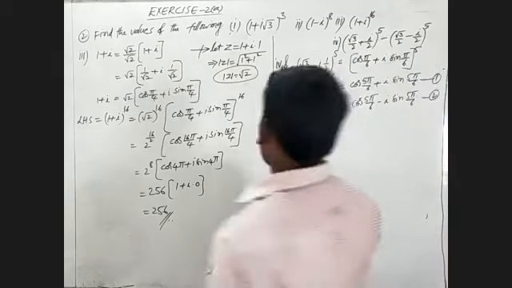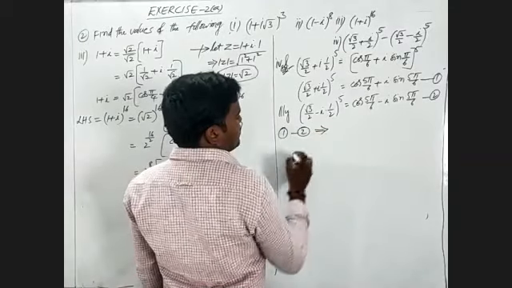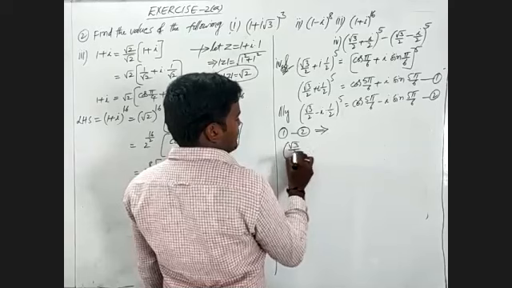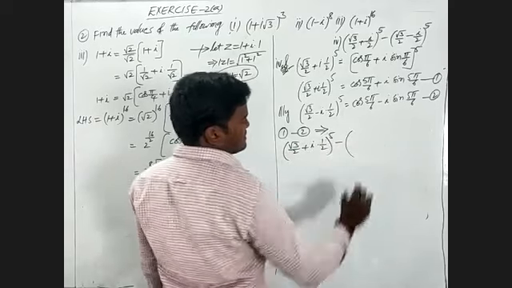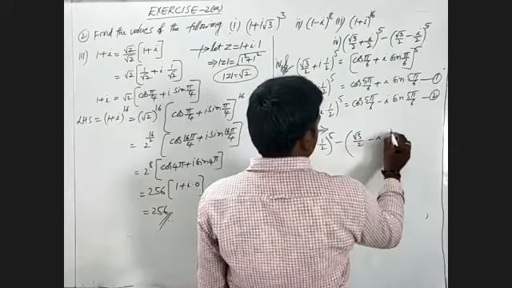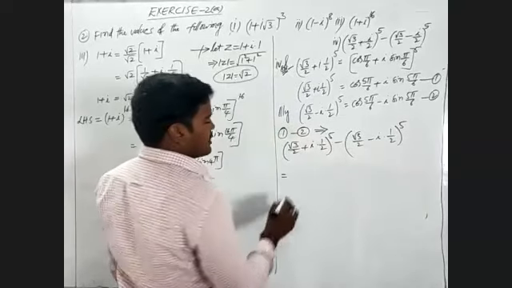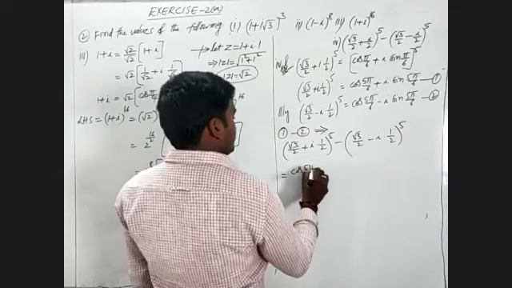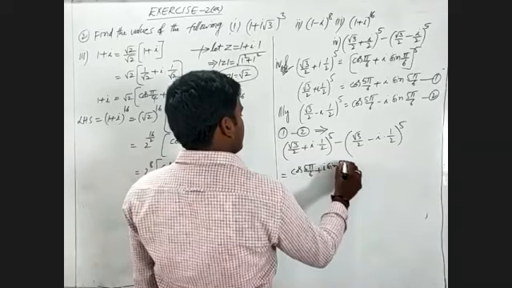Subtracting 1 and 2, the given expression root 3 by 2 plus i into 1 by 2 whole power 5 minus root 3 by 2 minus i into 1 by 2 whole power 5 is equal to cos 5 pi by 6 plus i sin 5 pi by 6.